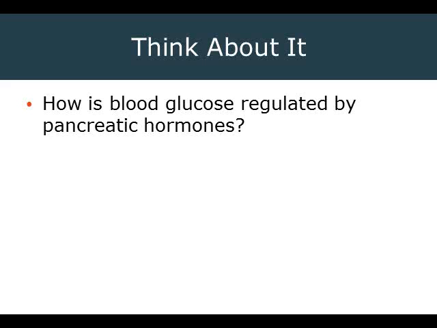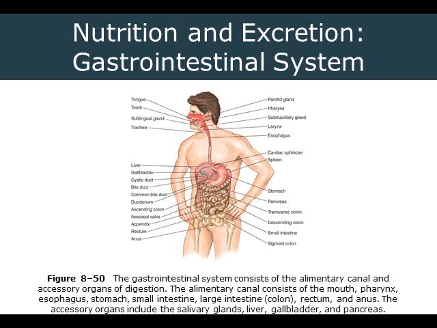So glucagon goes and taps our stored sugar and makes it available, whereas insulin takes any free sugar that's floating around and makes it able to be used by the cells. And then we also have another one that's secreted in there that people don't think about. It's somatostatin. What it does is it actually says release the digestive hormones, and it's going to control the use of insulin and glucagon. It can say, no, we're not going to do any insulin and glucagon, so it can shut them off.